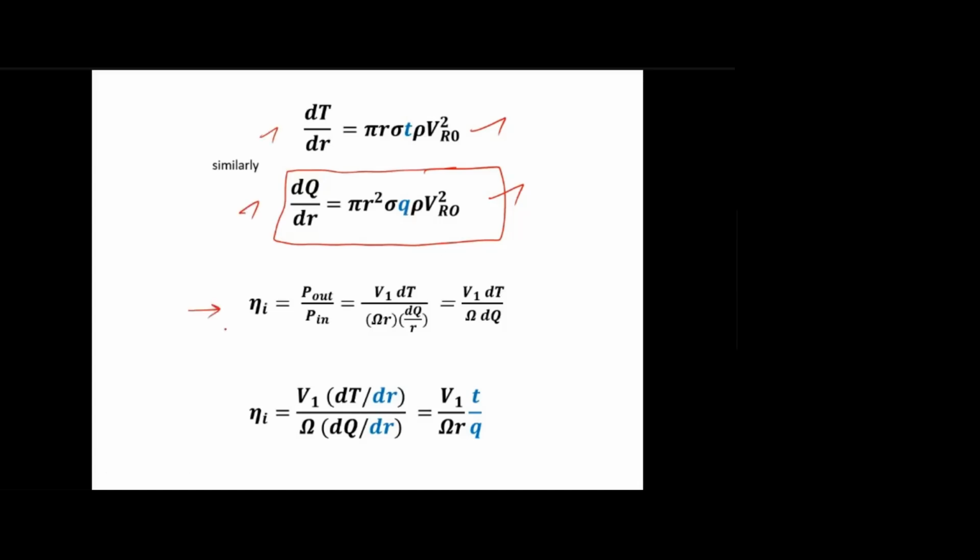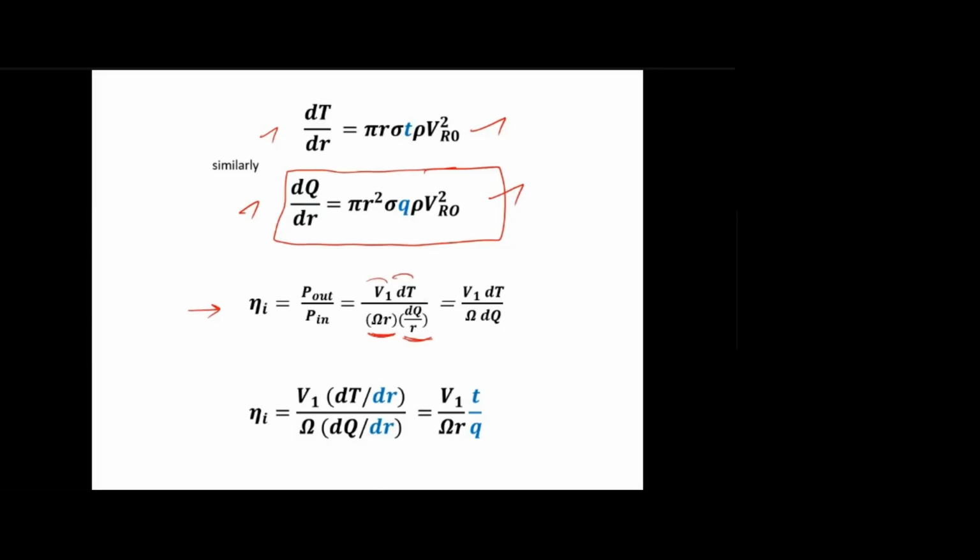Then we are finding the efficiency. Power output by power input. Power output is the thrust produced by the propeller and the free stream velocity. And power input is that which is due to the torque of the propeller. So we are writing in the same fashion, angular velocity into the torque force. Okay, so this is free stream velocity into thrust.